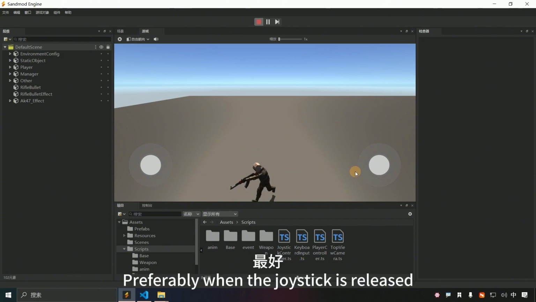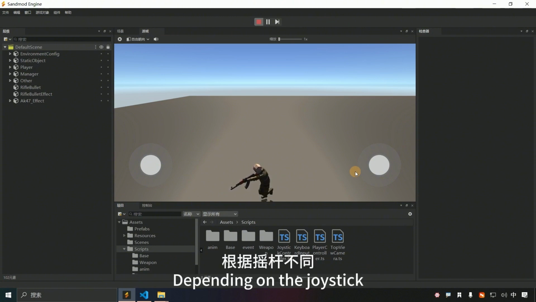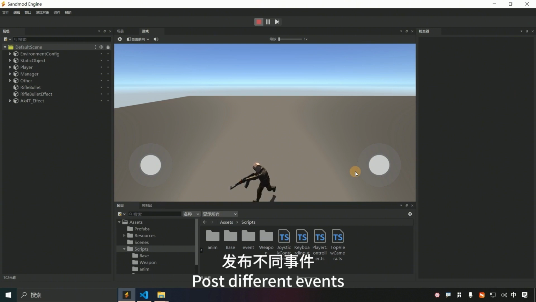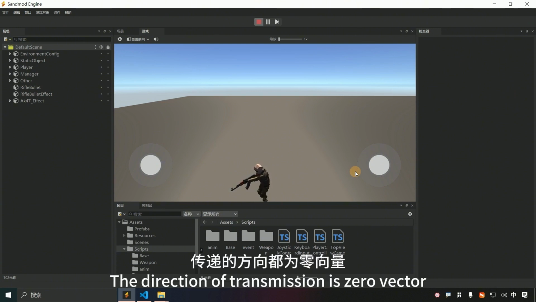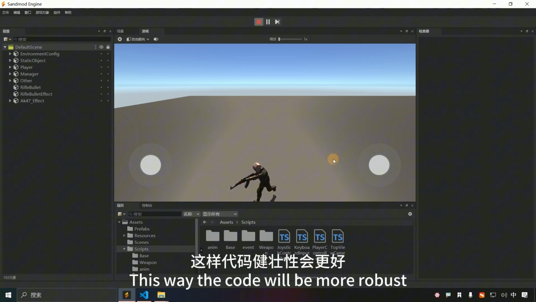Certainly, preferably when the joystick is released, also add an event to post. Depending on the joystick, post different events. The direction transmitted is the 0 vector. This way the code will be more robust.